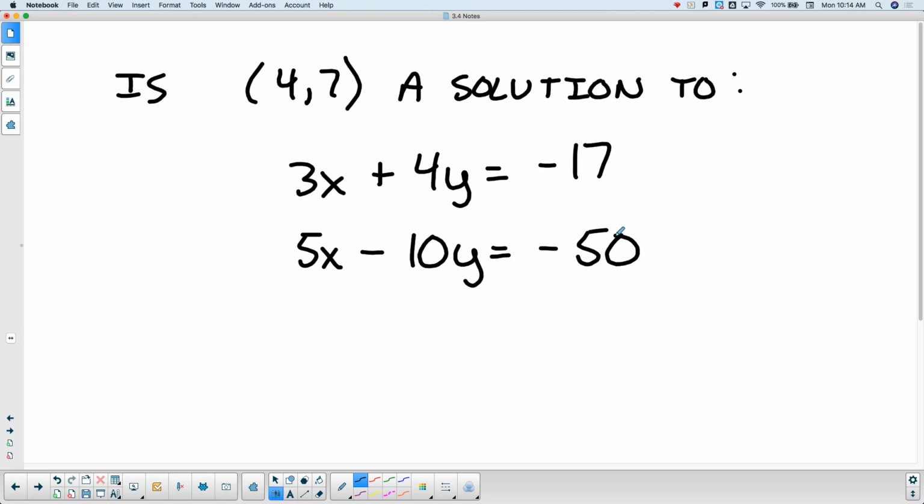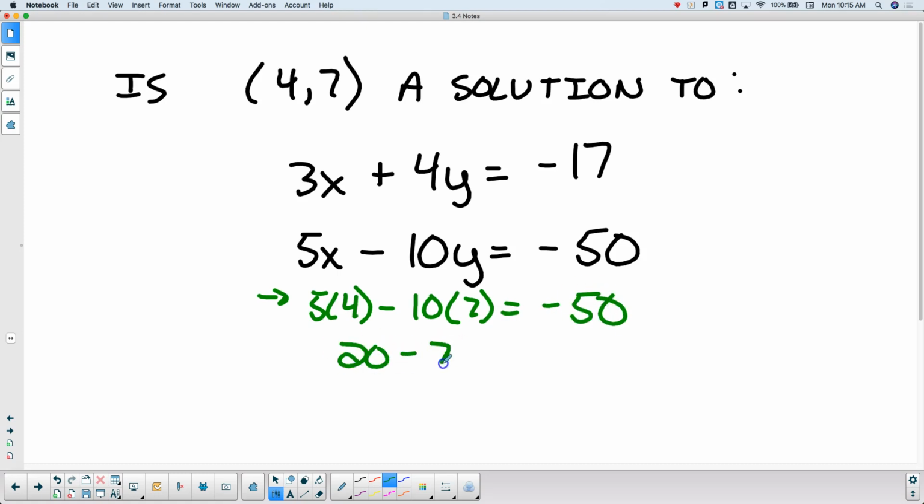Okay. If I put 4 in for x in this equation, I'd have 5 times 4 minus 10 times 7, and that does actually give me negative 50, right? Because that's 20 minus 70, which is negative 50. So it works in that equation. So it's a solution to that one equation.